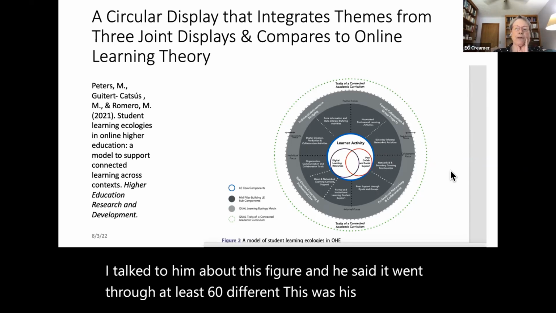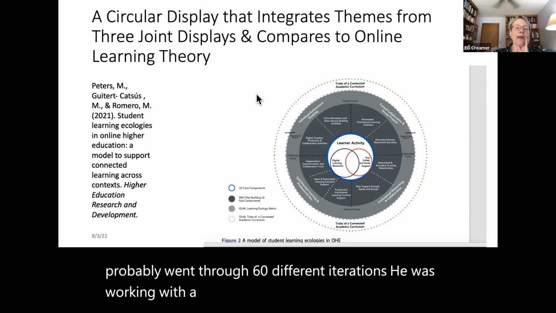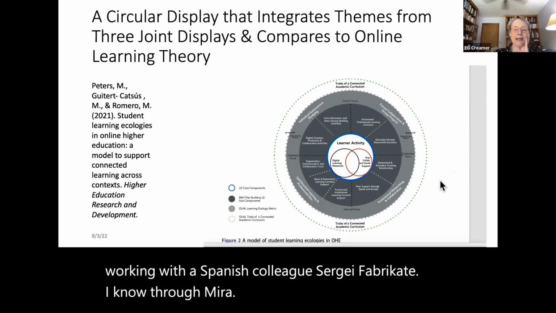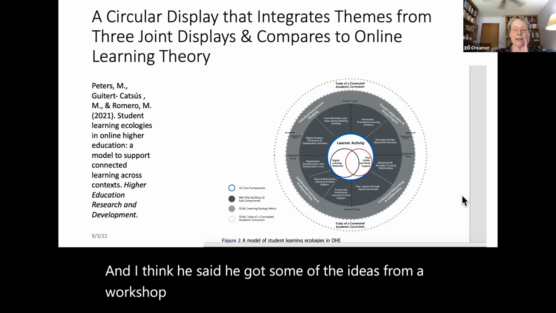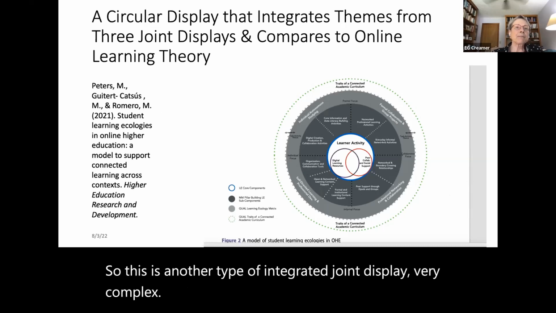He was working with a Spanish colleague, Sergei Fabrique, who's been, I know through MMIRA. And I think he said he got some of the ideas from a workshop that Sergei did. So this is another type of integrated joint display, a very, very complex display.